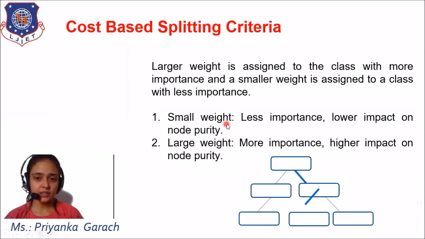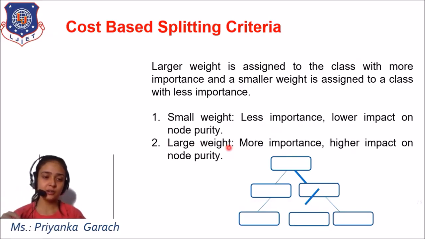Small weight means less importance or lower impact on the node purity, and large weight means more importance and higher impact on the node purity. What we want is node purity, which means all my class labels on one side. So where the larger weight is, in that direction I will choose to go downwards in my decision tree.